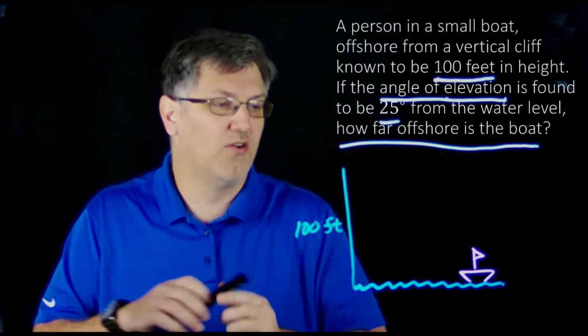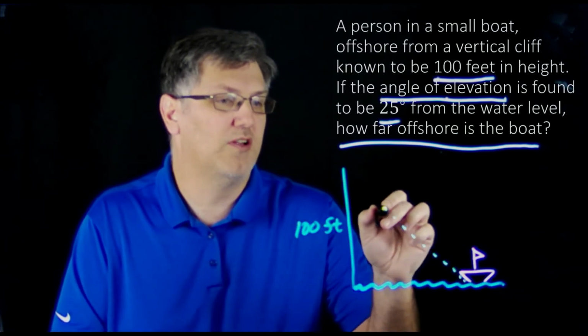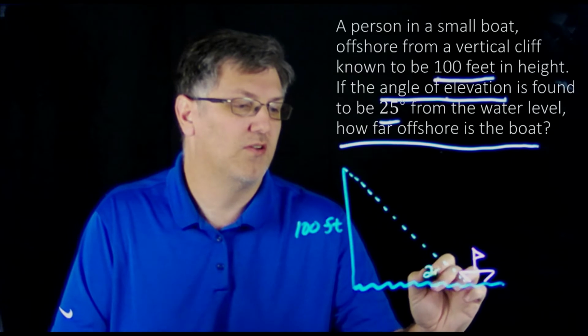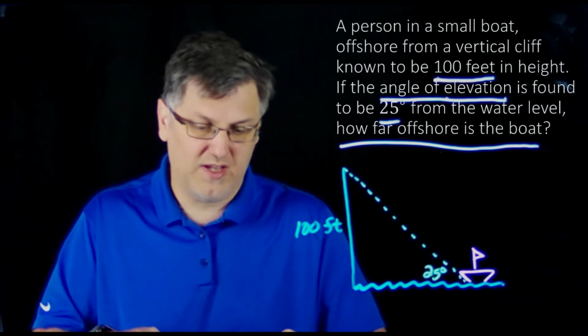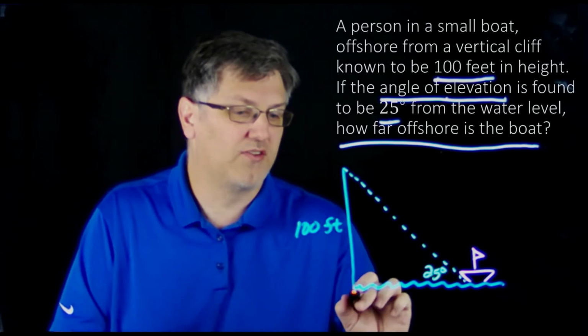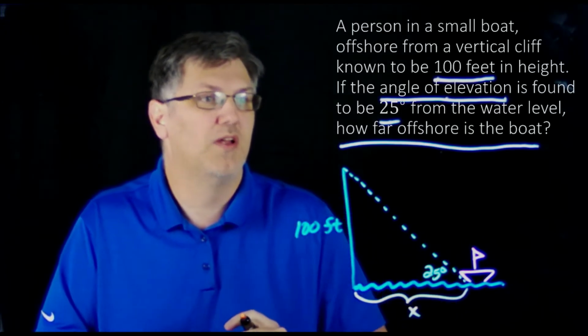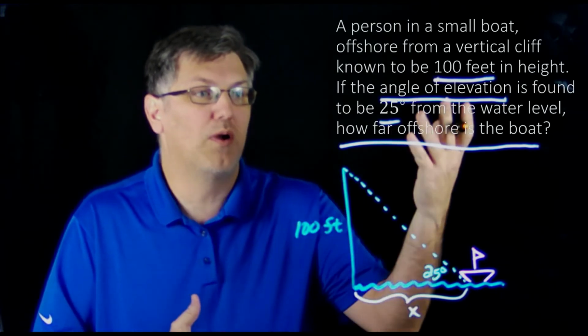And then it says the angle of elevation from the water line up to the top of the cliff is 25 degrees. And then it's simply asking for this distance right here, which we're going to call x. So this is the actual picture that goes along with the word problem here.